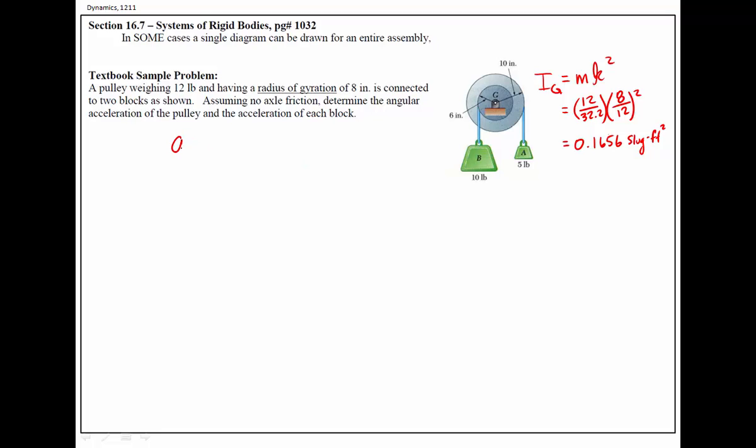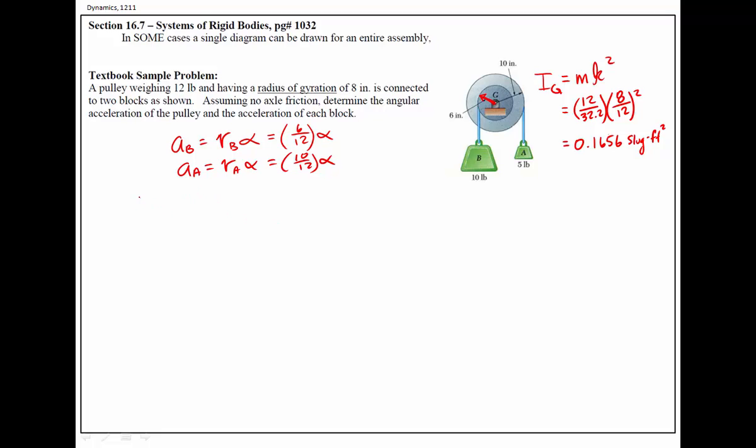So in equation form, that would mean that the radius right here of the pulley, RB, times the angular acceleration is going to be equal to the acceleration B. So we're going to keep this in feet, so we'll say 6 divided by 12 alpha. And likewise, block A is going to have the radius of A times alpha, or 10/12 alpha.